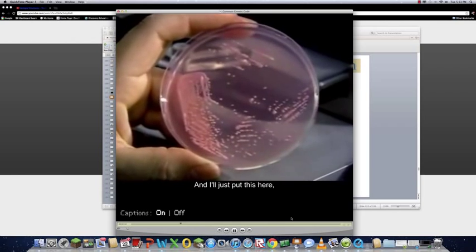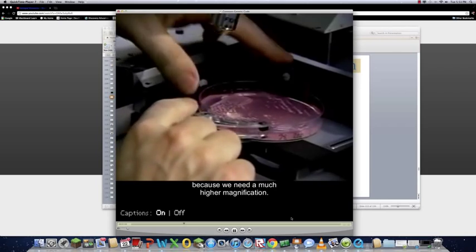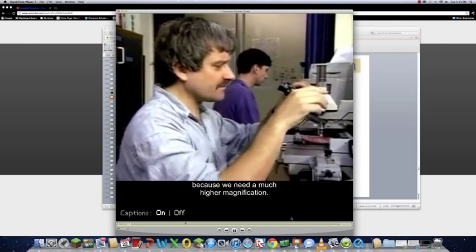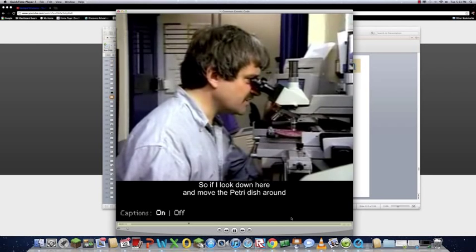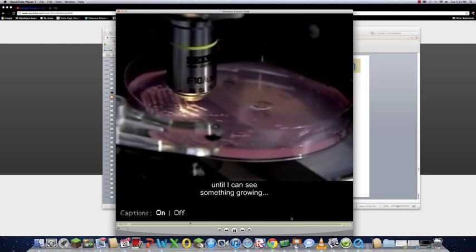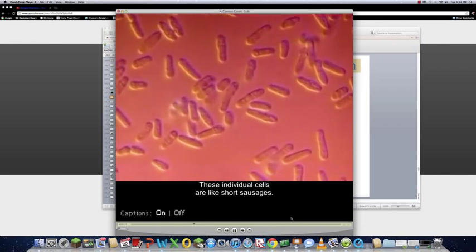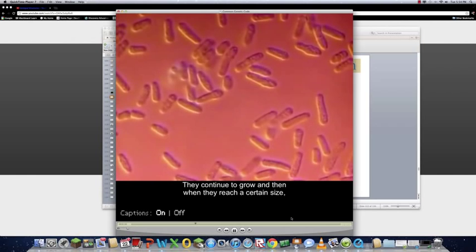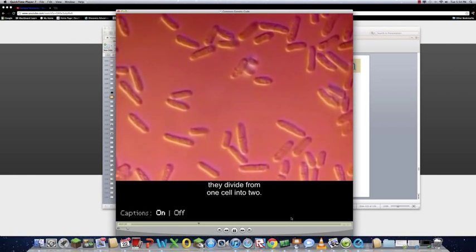I'll put this under much higher magnification. If I move the petri dish around until I can see something growing, these individual cells are like short sausages. They continue to grow, and when they reach a certain size, they divide from one cell into two.